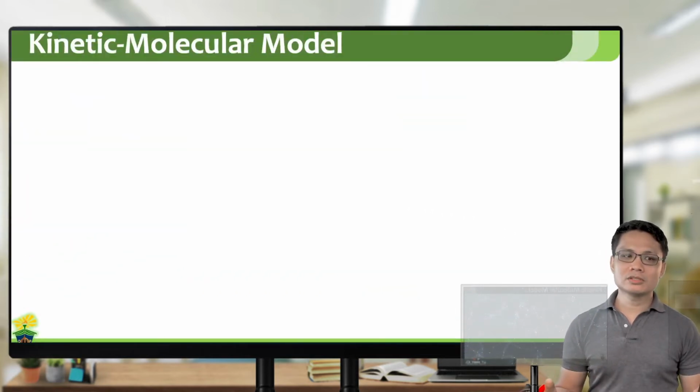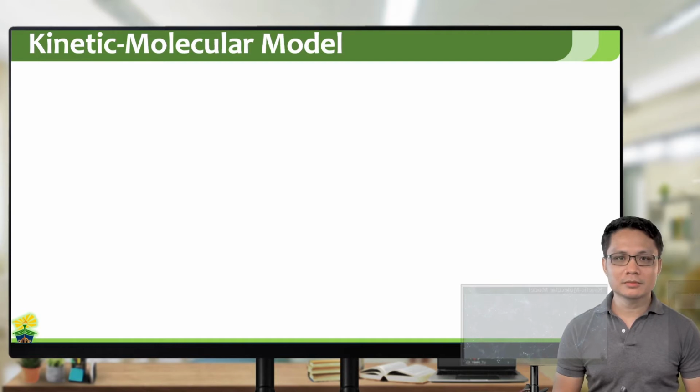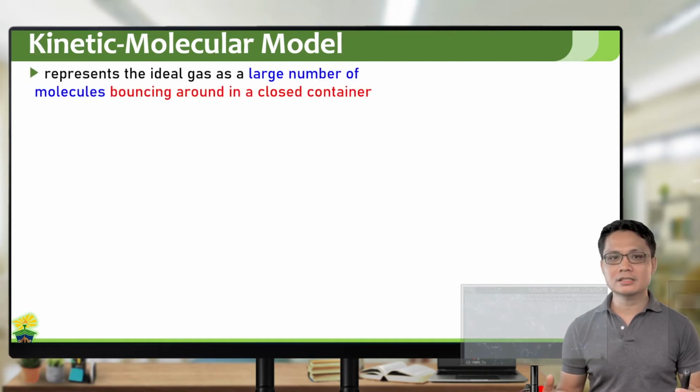So, speaking about the kinetic molecular model, this is a model developed to visualize and to give interpretations on the basis of those assumptions. This model represents the ideal gas as a large number of molecules, a collection of molecules bouncing around in an idealized closed container.